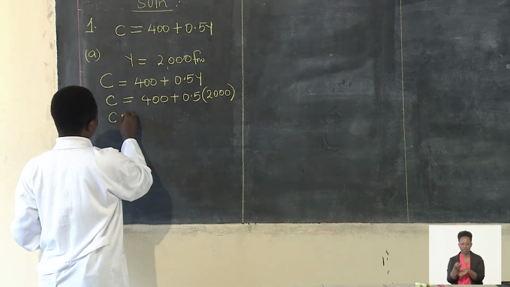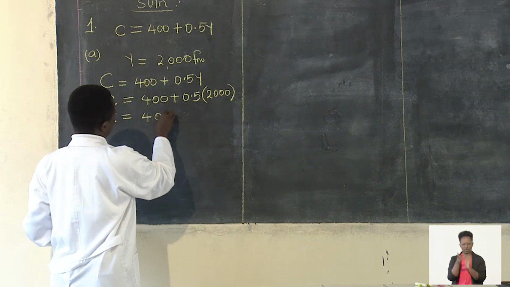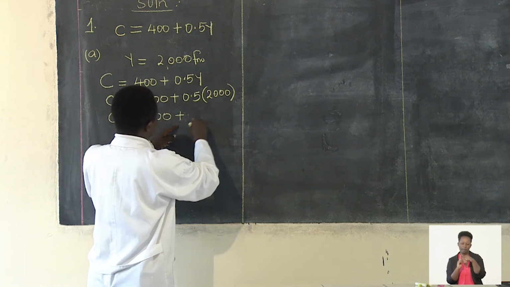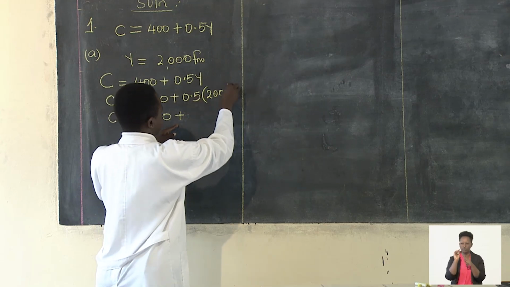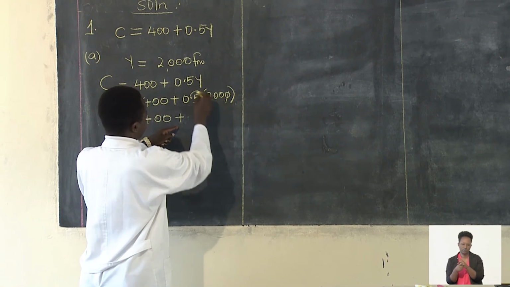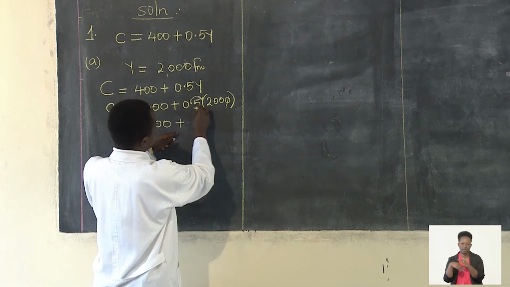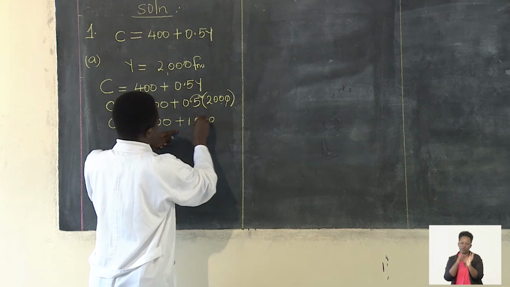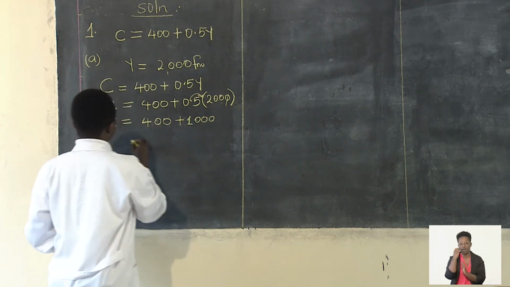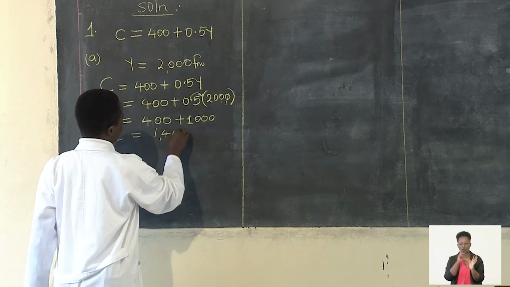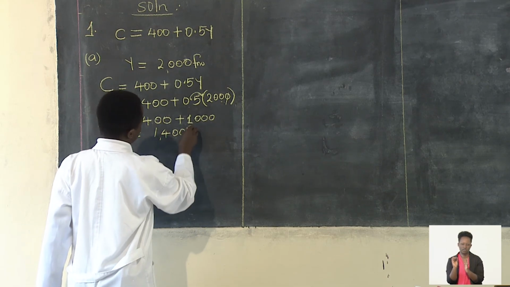So what will be our consumption for this person? This is 400 plus, if you get 0.5, you multiply 2,000. This 0 may bring out this decimal point. Then you remain with 5 times 200, which is 1,000. So if you get 400 plus 1,000, you will get 1,400 Rwandan francs.